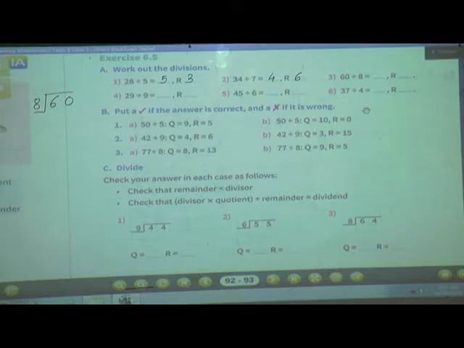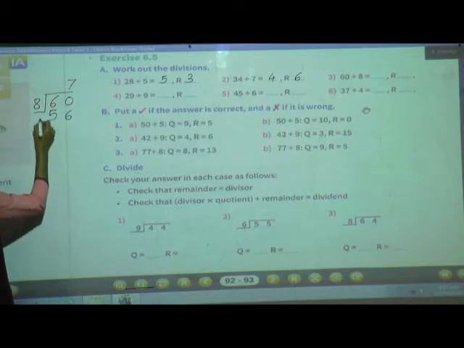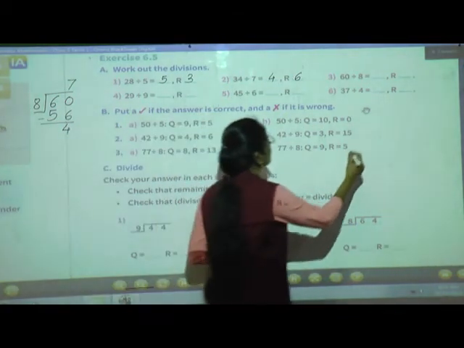See the table of 8. 8 7s are 56. Correct. 56 is there, smaller than 60. Okay. So now we will do the subtraction. 60 minus 56, 4. Okay. Now what is the quotient? 7 is the quotient and 4 is the remainder.